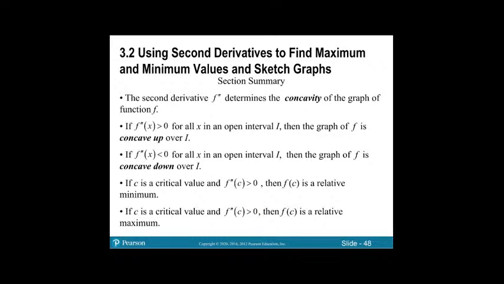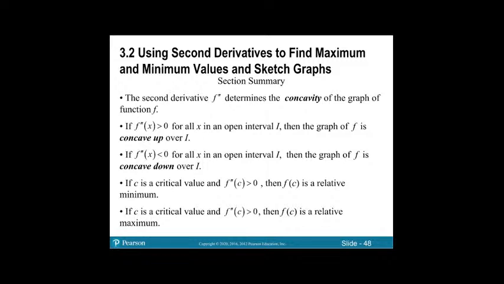Wait a minute, something's not right here. If it's positive, it's concave up. That should be a min, right? I think this is a typo. That's supposed to be switched around. If the second derivative is negative, it's supposed to be concave down, which would be a max. So I think this looks like a typo. Matter of fact, I'm just going to fix it.